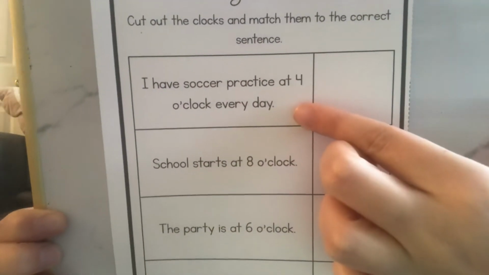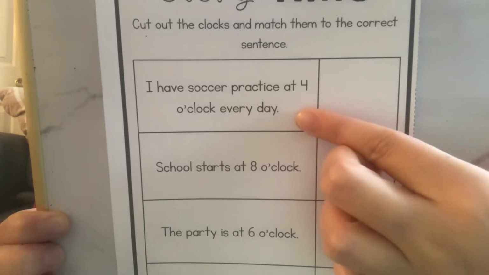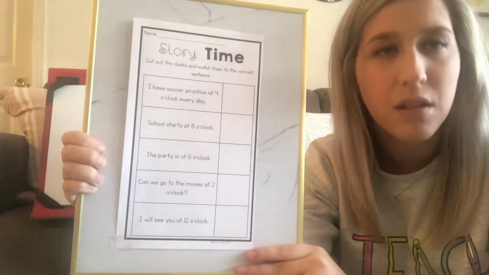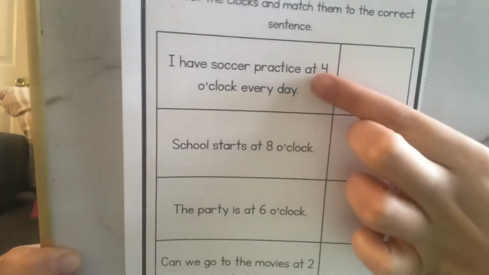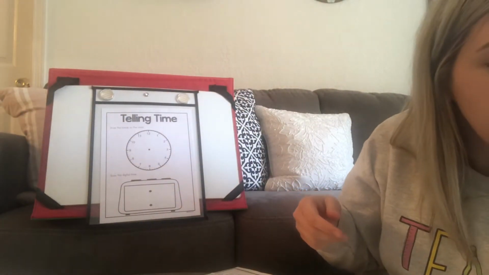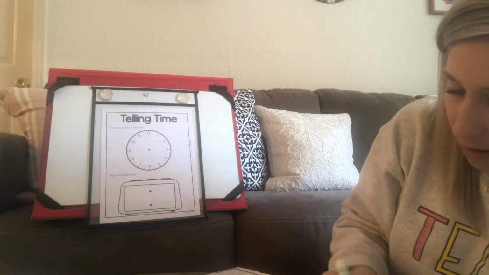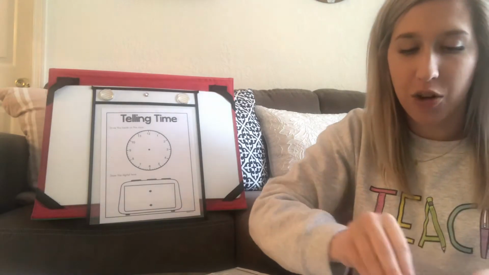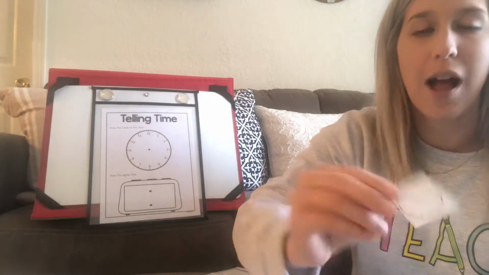This first one says, I have soccer practice at 4 o'clock every day. So what clock am I looking for? The one that says 4 o'clock. Very good. I'm going to show you some clocks and you're going to tell me if that says 4 o'clock or not.